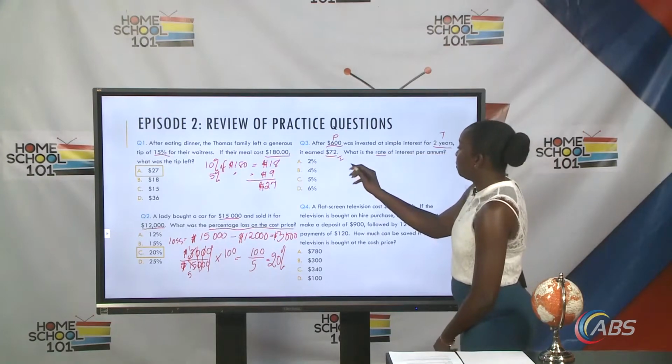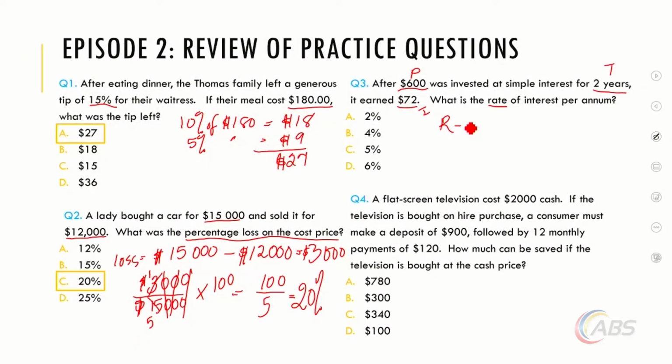And so R is equal to the interest, which is $72 times 100, and we divide that by the principal, which is $600, times the time, which is 2 years.